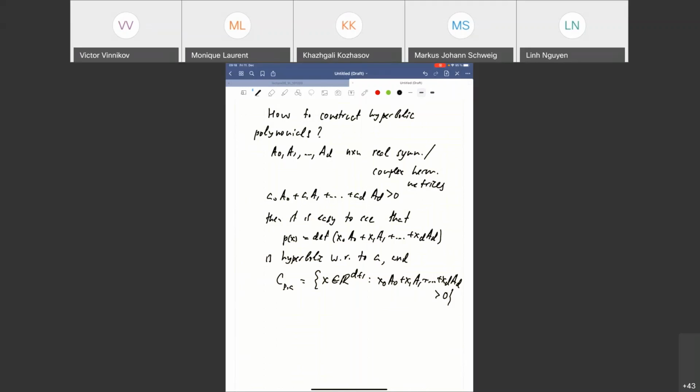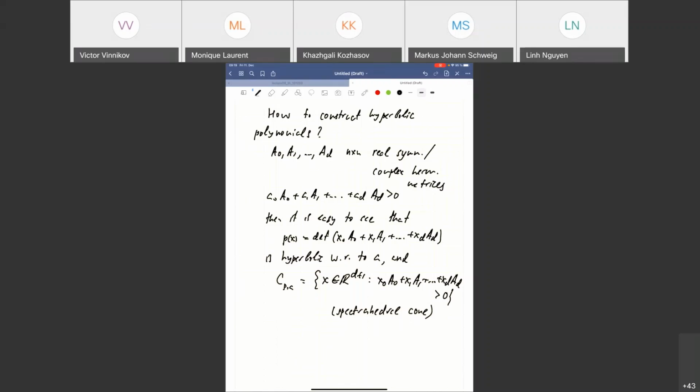So this is a so-called spectrahedral cone: an intersection of a linear space with the cone of positive definite matrices.